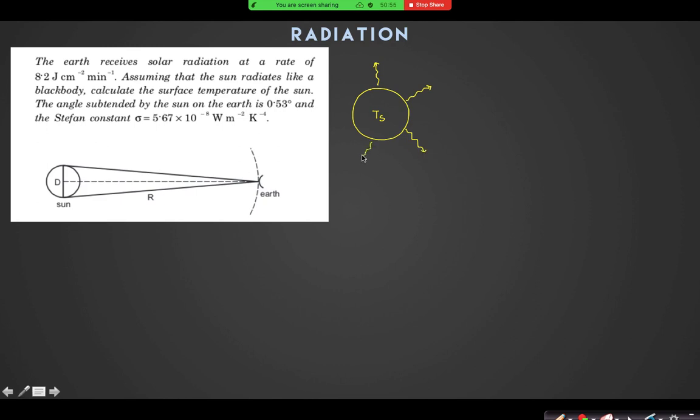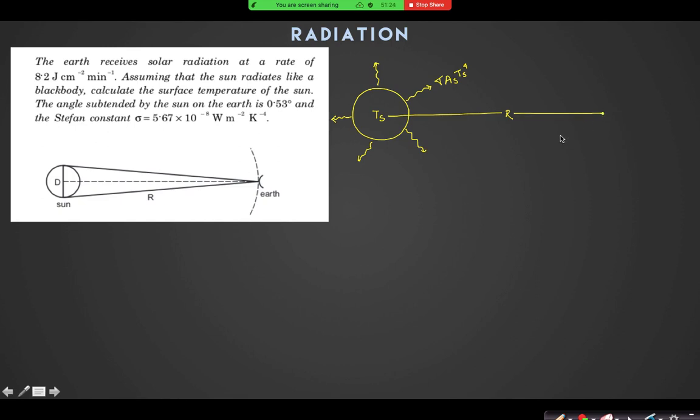Sigma into area of the sun into Ts to the power 4, right? Now, if I want to find the intensity of this radiation at a certain distance R, suppose I want to find the radiation intensity at a certain distance R here.